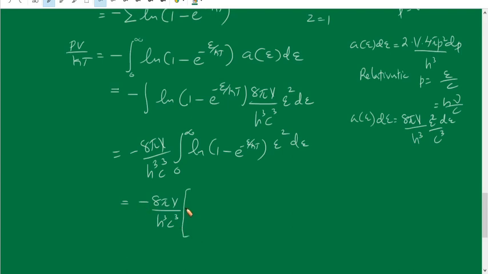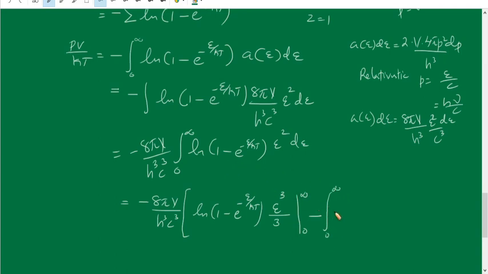minus the integral of log(1 − e^(−ε/kT)) ε² dε. So this will be the first term, log(1 − e^(−ε/kT)), into the integral of the second term, ε³/3, from 0 to infinity, minus the integral of the differential of the first term.